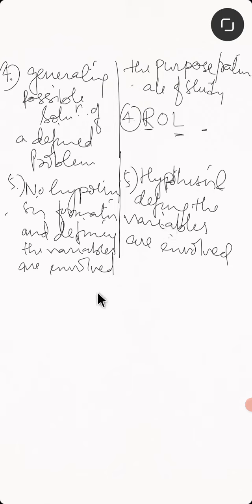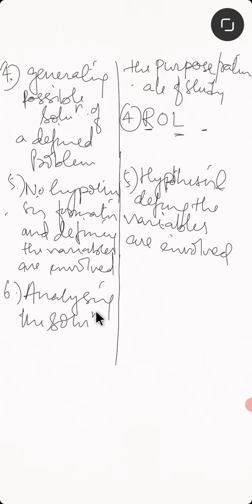Okay, moving on to the next difference. What other differences can there be? In the problem solving approach, you are analyzing the solutions. All the possible solutions that you have jotted down, you are analyzing all those solutions at a deeper level. But what is there in the research process?